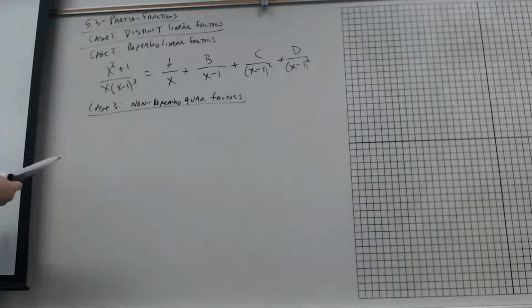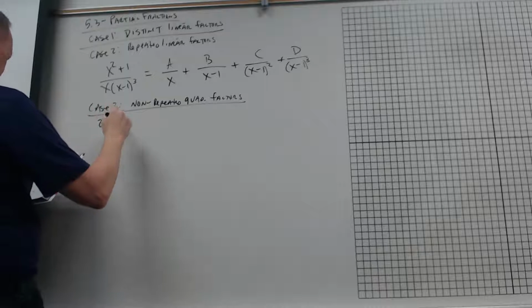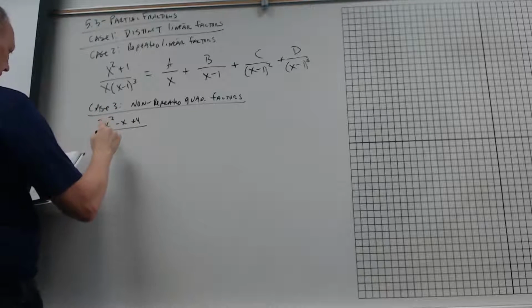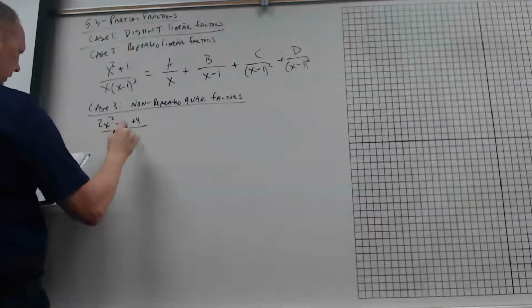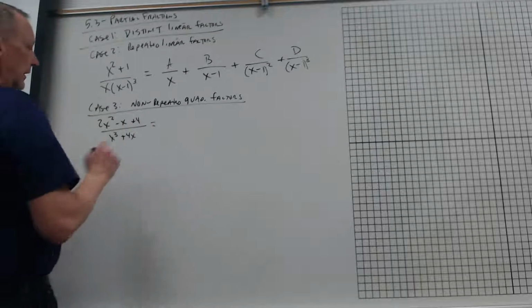Let's say that I have 2x squared minus x plus 4 over x cubed plus 4x. Now the first question is, can that be factored? Can you factor that denominator? X cubed plus 4x. Yeah.